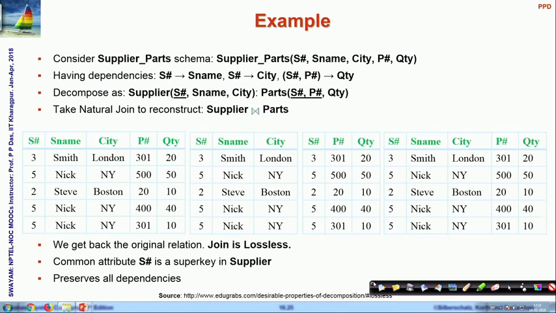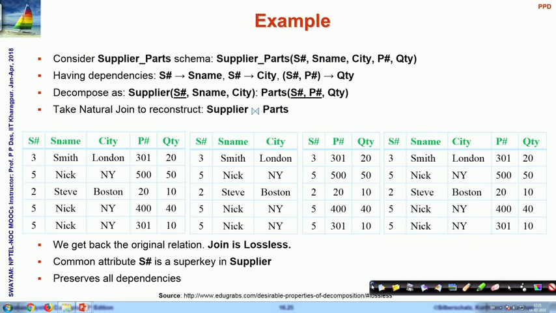So, we say that the join is lossless, and the reason we could guarantee that is because if you look into the set of functional dependencies, you will find that S number, the supplier number, is a key in the supplier relation, because it functionally determines S name as well as S city. So, R 1 intersection R 2 functionally determining R 1 is true here, and therefore, it gives you a lossless join.